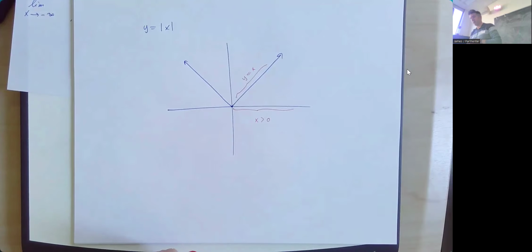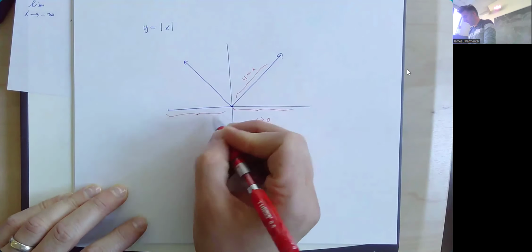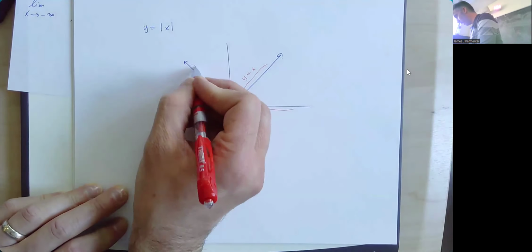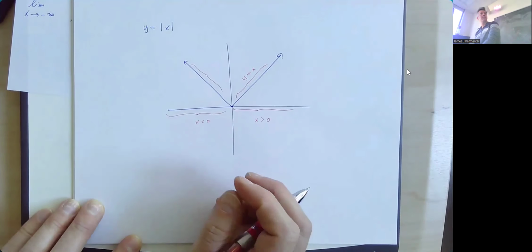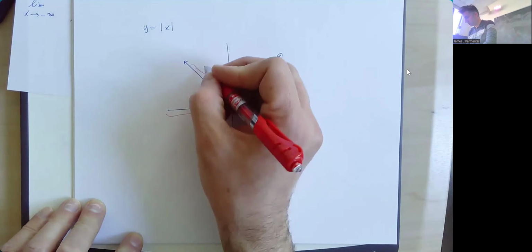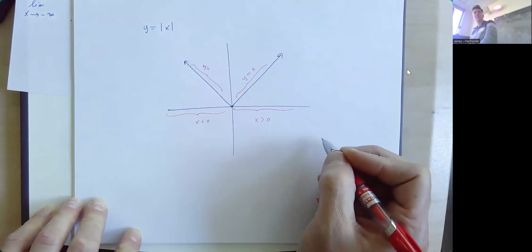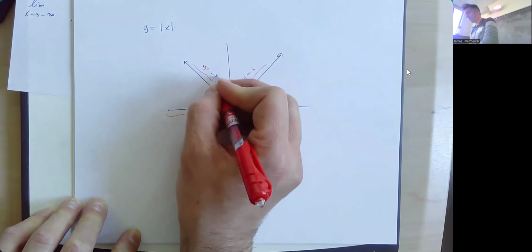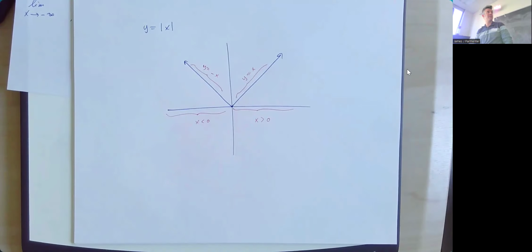On the other hand, on the other side, over here, if x is less than 0, what's this piece of the graph? What line is that? Y equal to, it doesn't have a positive slope, it has a negative slope. Y equal to negative x.